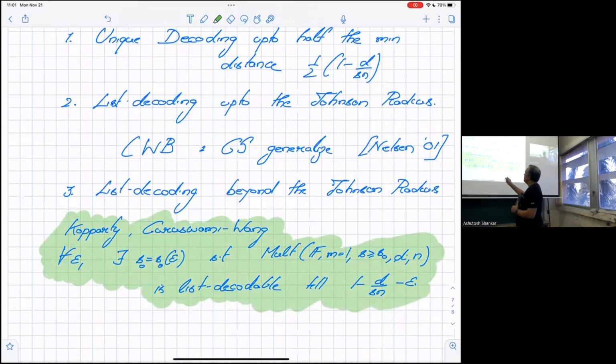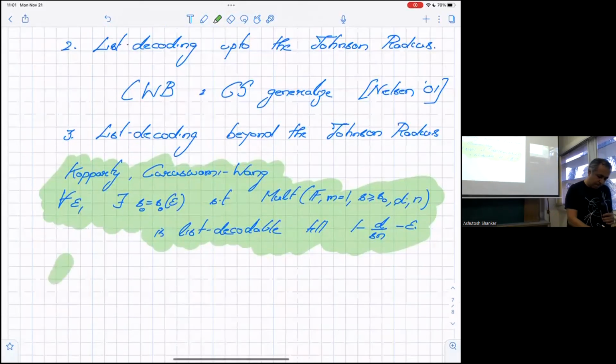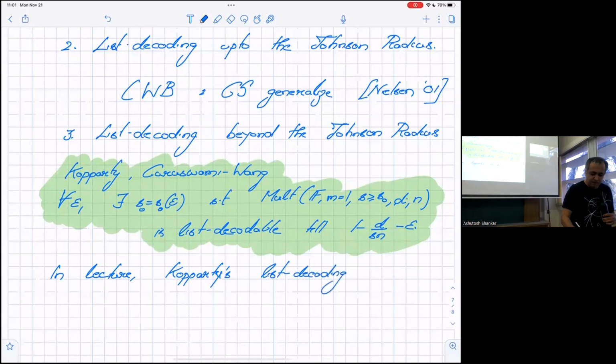We wanted to get into the decoding algorithm. So what we will do in lecture is the following. But when I mean this decoding, I mean their efficiency.